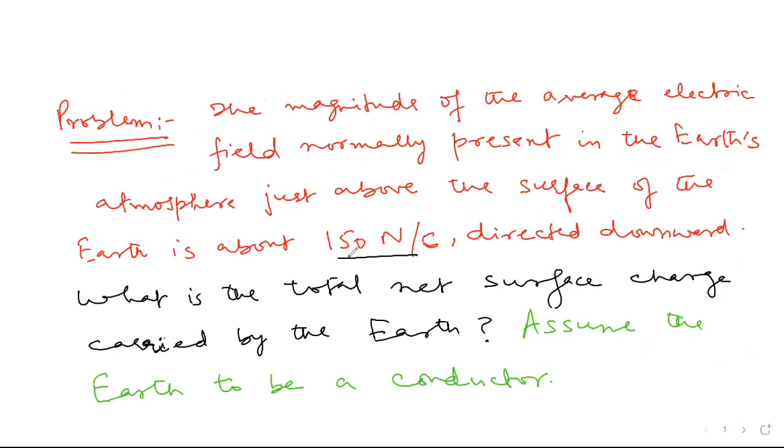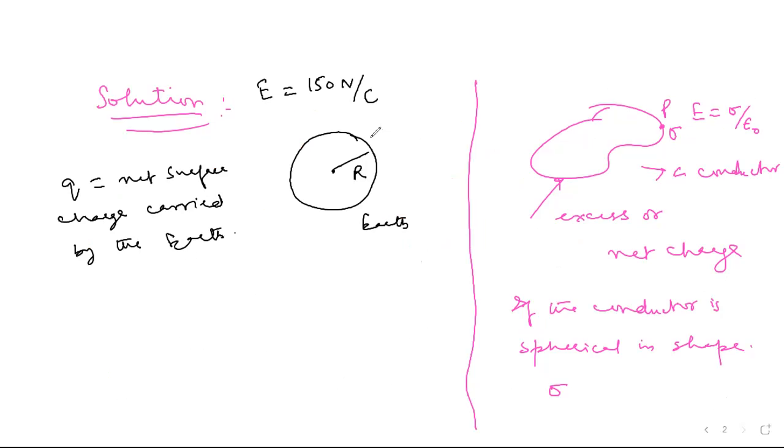Magnitude of E is 150 Newton per coulomb, and it is directed downward. So suppose I show some position, the electric field is directed downward, right? And as I said, it is perpendicular to the surface.